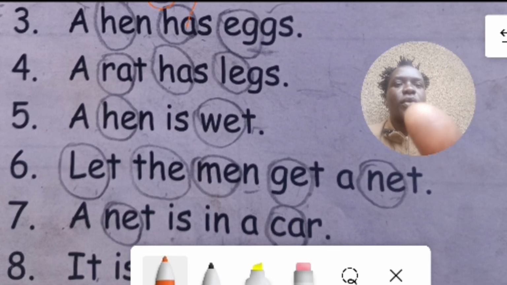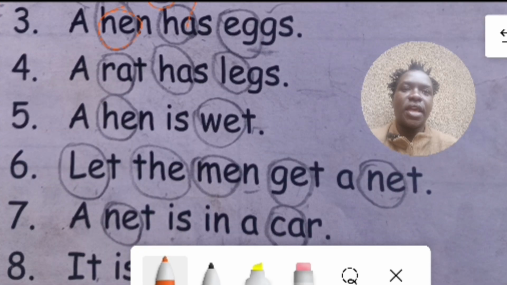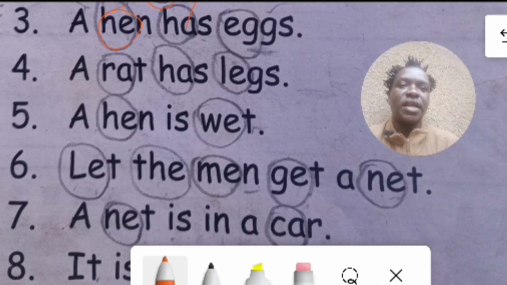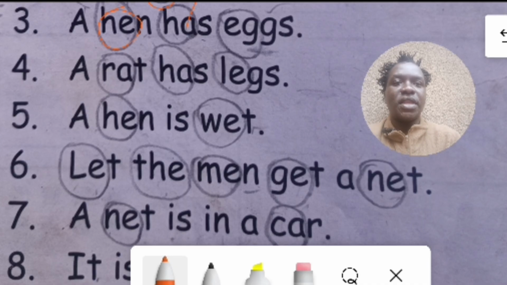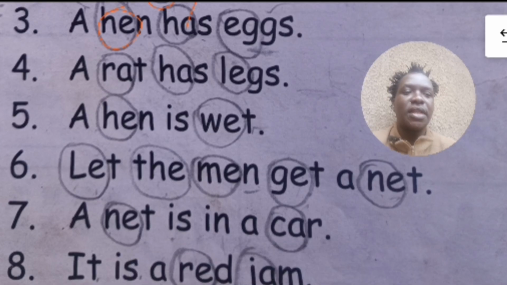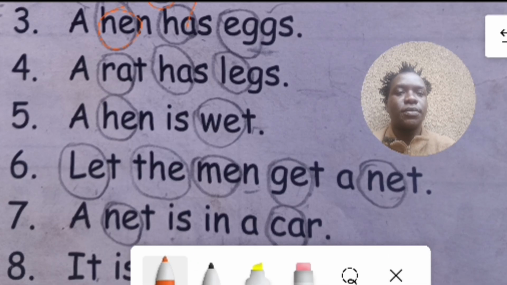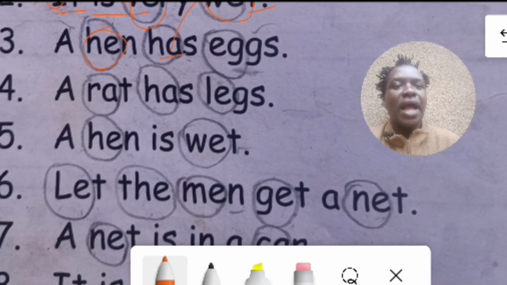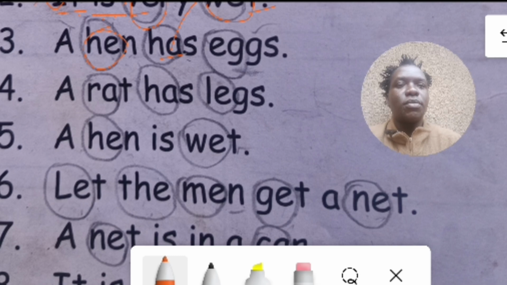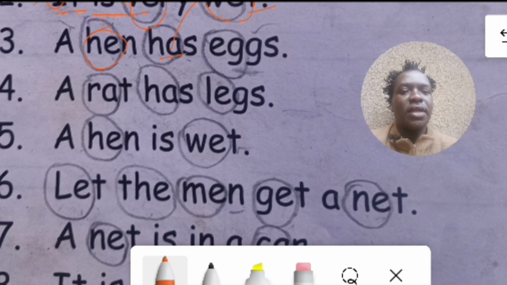Number 3, we have a hen. This one is hen. H, a is ha, with n is hen. I already taught about this also. We are just repeating the same thing but in a sentence form. A hen, ha. H, a is ha, with s gives you has. Has eggs.